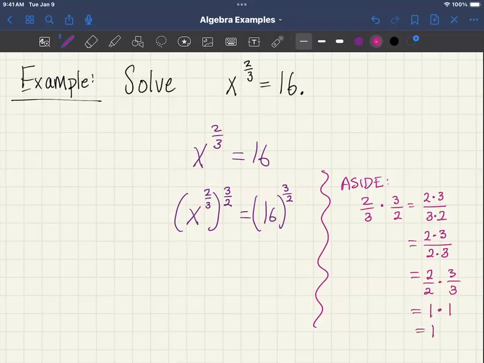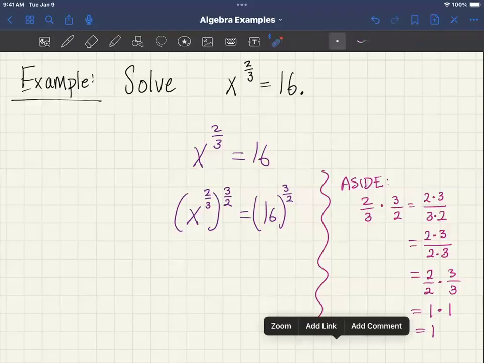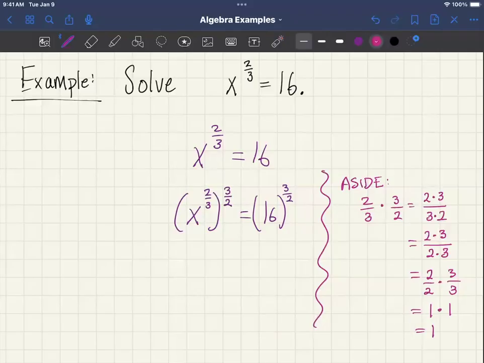So this gives us a nice, cute little number 1. So when we have something where we have a rational exponent, we're trying to figure out what that x is, we're going to flip that exponent and multiply both sides by that exponent. All right, let's get back to that problem.